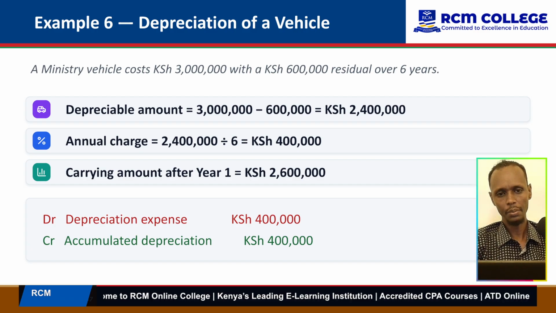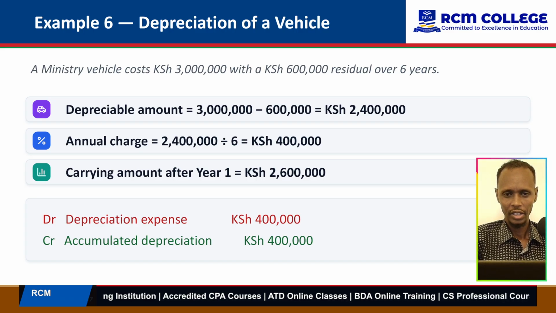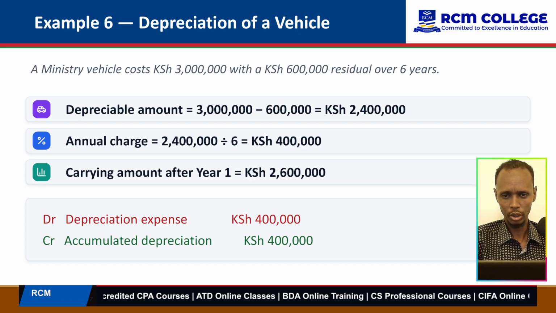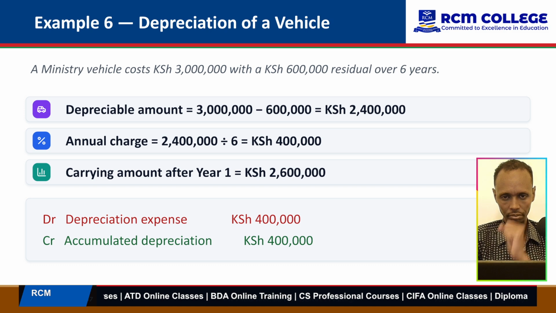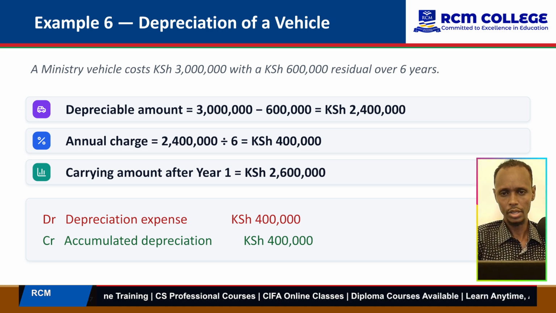So there is this example: a ministry vehicle costs 3 million with 600,000 residual value. You take the 3 million, you minus 600,000. The amount that remains is 2.4 million. So you take the 2.4 million and divide by the 6 years.